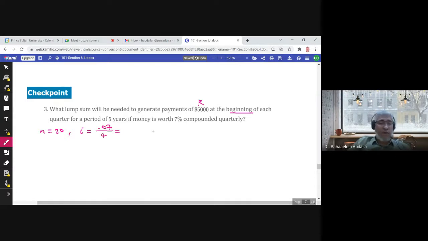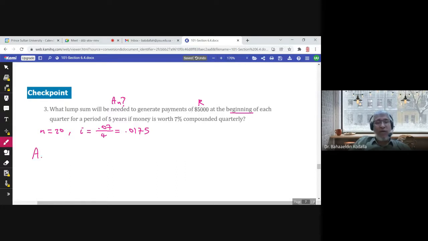If money is worth 7% compounded quarterly, the interest rate per period is 0.07 over 4, which using the calculator is 0.0175. So what lump sum will be needed? This is the present value of the annuity due that we need now to generate these payments.